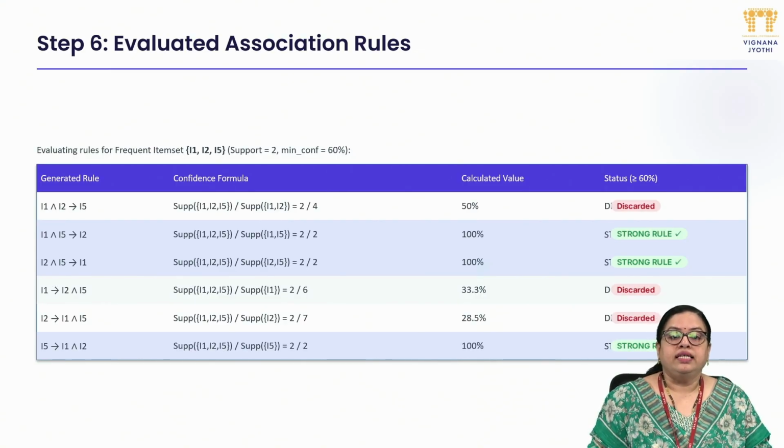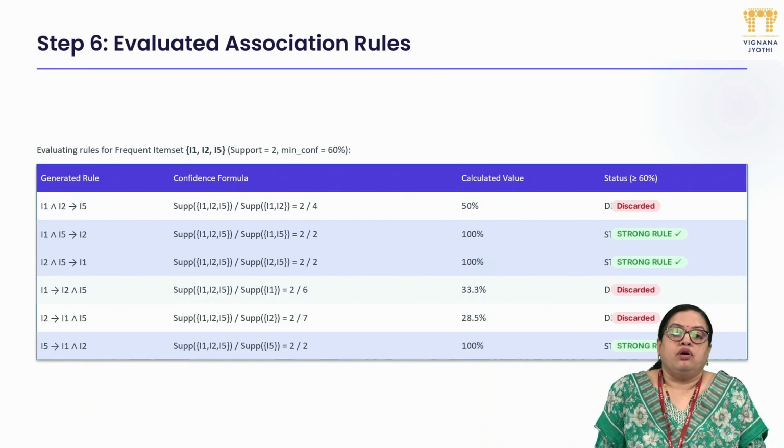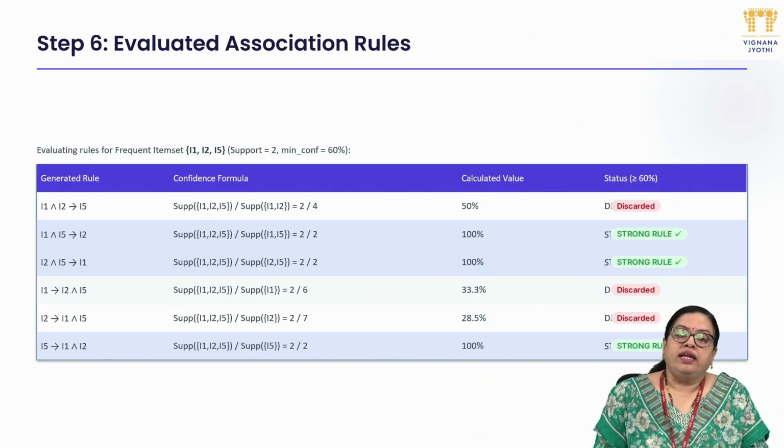Next, once again we calculate the support of I1, I2, I5 divided by the support of I1 and I5. So why am I taking I1, I5 here?